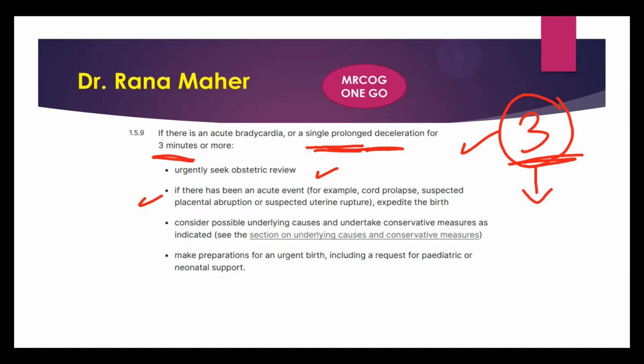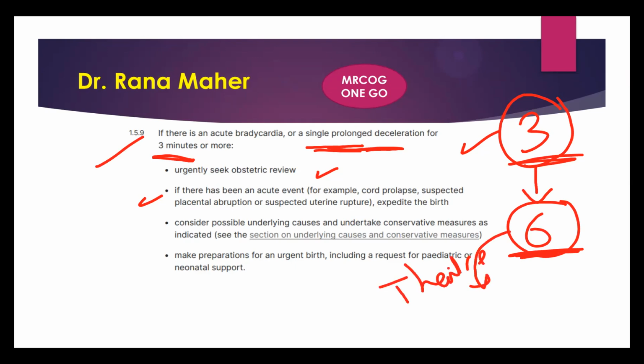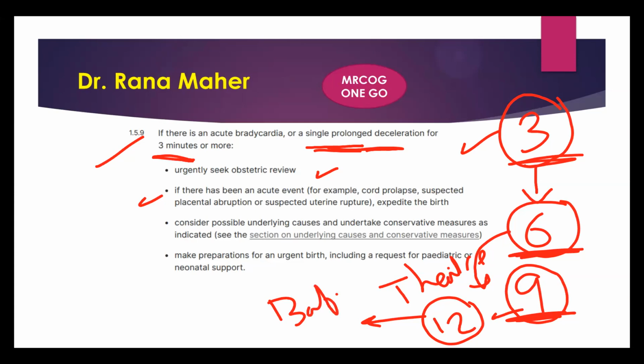So I will reach minute number 6, and the CTG is still the same with acute bradycardia or prolonged deceleration. Because the prolonged deceleration is 3 minutes or more, maybe the baby will be in this deceleration for a long time. So at this time, I need to move this patient to the theater. Now I'm at minute number 9, the patient has to be inside the theater. Minute 12, the baby has to be out with the neonatology team.